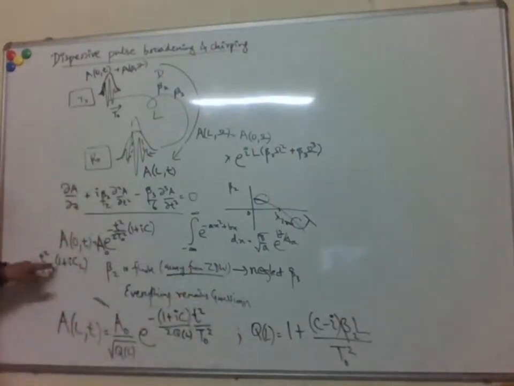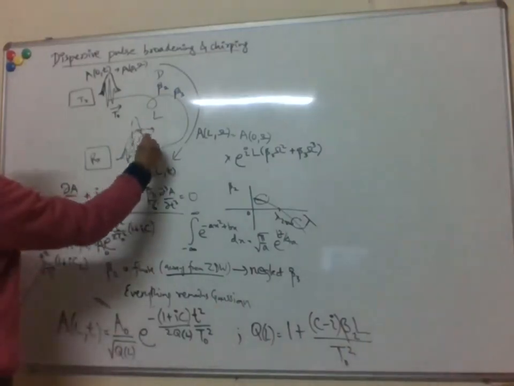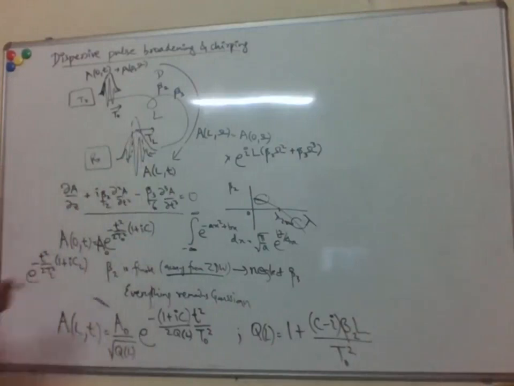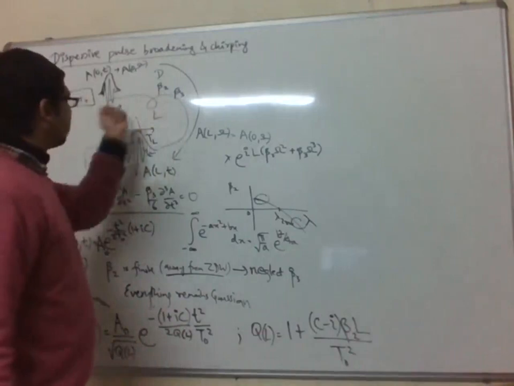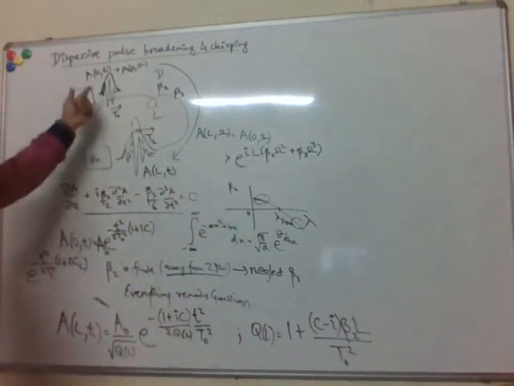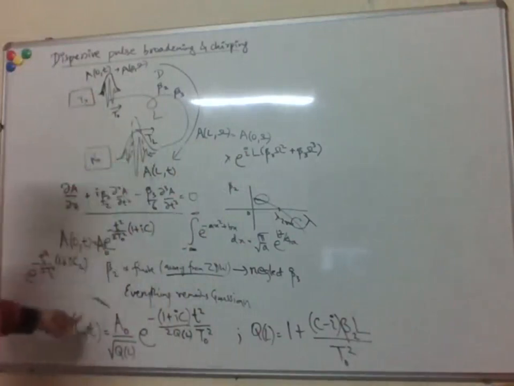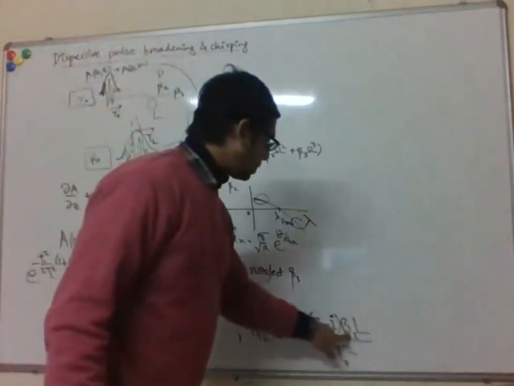Then, comparing with this, T_L gives me the pulse width now at the receiver, right? And C_L gives me the chirp at the receiver, right? So basically you can see what has happened due to this dispersive propagation. If we have only GVD, then the pulse width and the chirp of the pulse have changed depending on the length and this GVD coefficient.